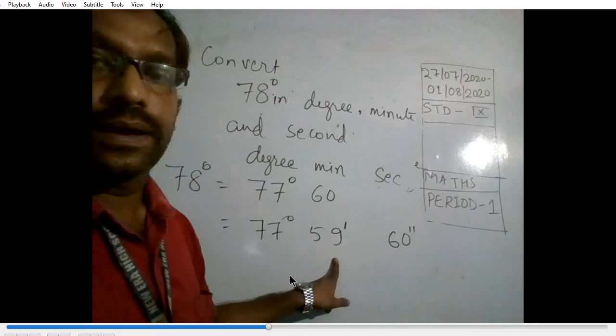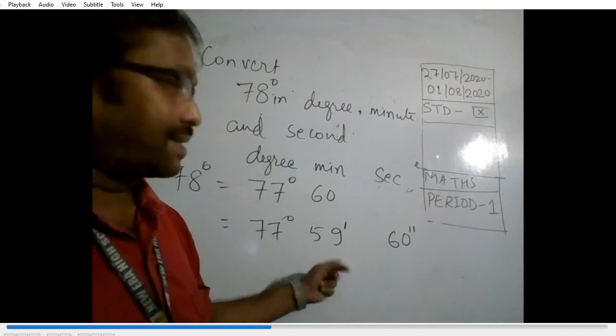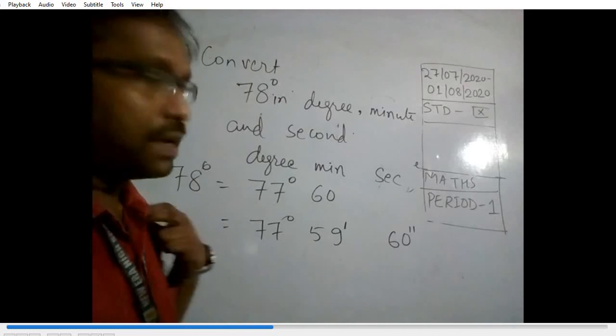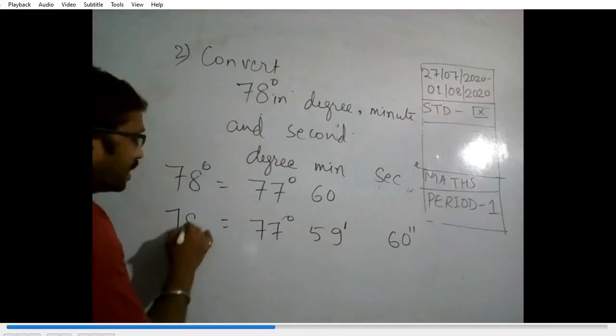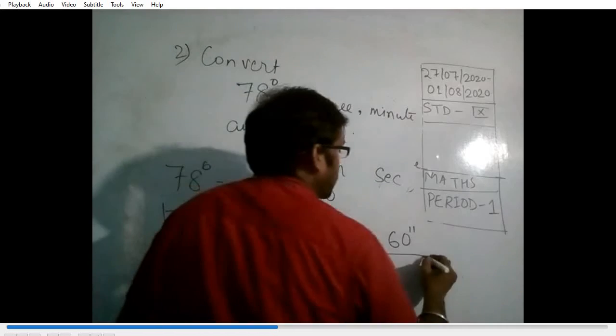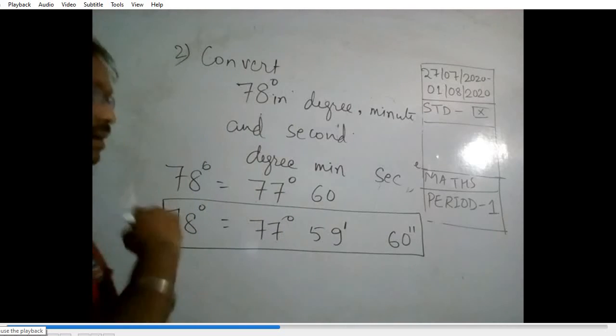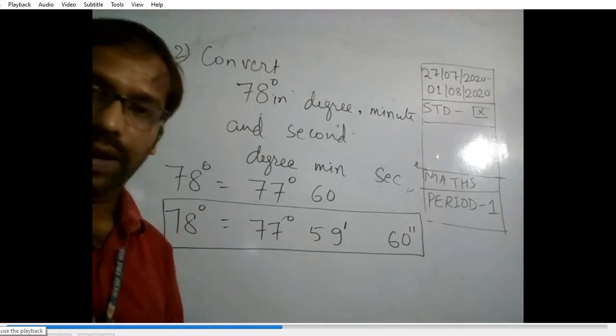Though it is not given in your books, even then I am explaining so that you can gain some informative knowledge. That's why see this video very nicely. So this is how we can convert angles into degrees, minutes and seconds. Both are true, 78 degrees can be written like this also.